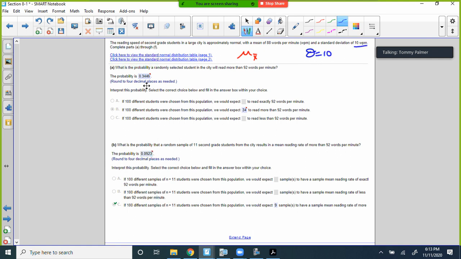Our first problem is, if we randomly select a student, the N is 1. Then we find the standard deviation of X bar, which is 10 over the square root of 1, which is 10. So you're going to do a normal CDF.